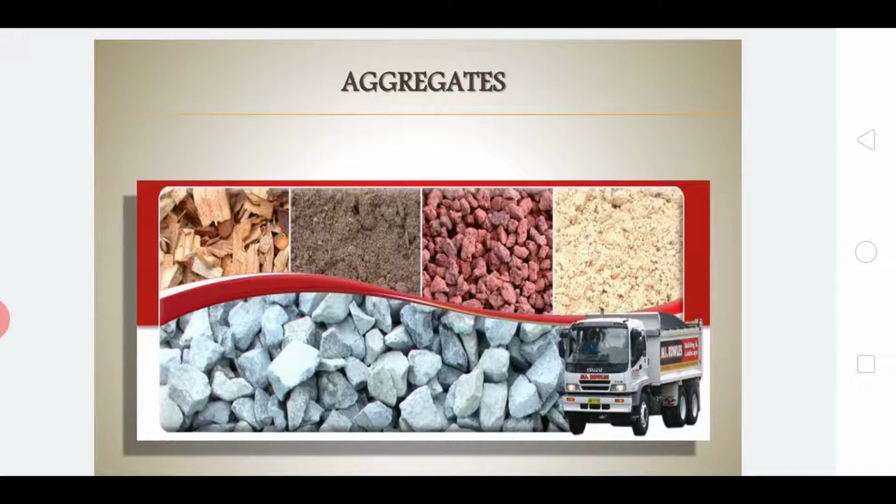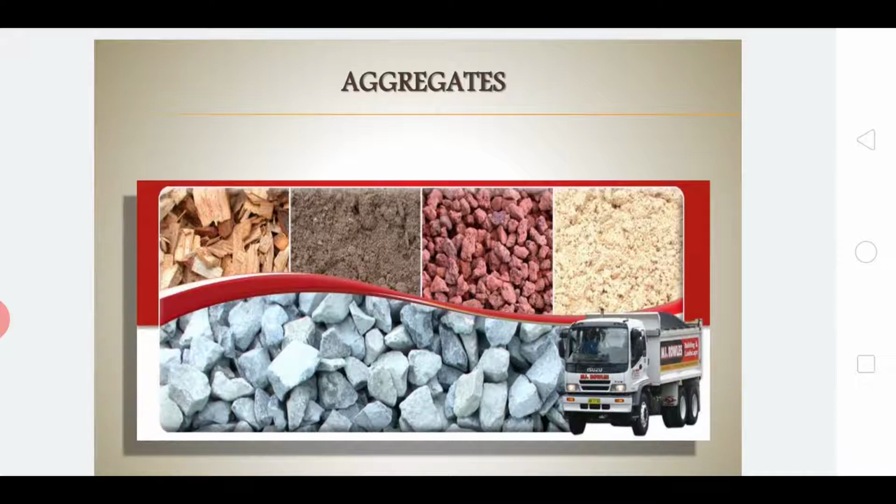And to select these aggregates, we need to check certain desirable properties of these road aggregates, and we need to conduct some basic tests that we will discuss at a later stage. So just to go with the basics, most of these aggregates are prepared by crushing the natural rock.